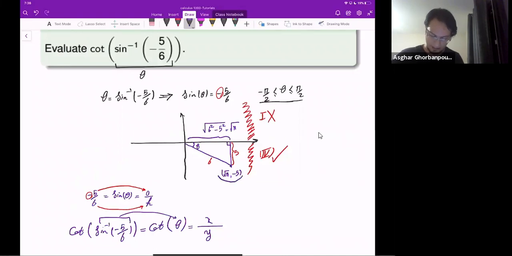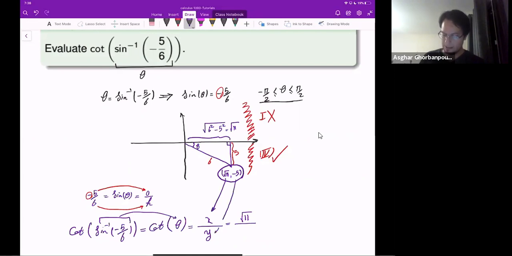We specifically have this point here, and that means that we have root 11, that's x, over negative 5, which is y. So we have negative root 11 over 5.